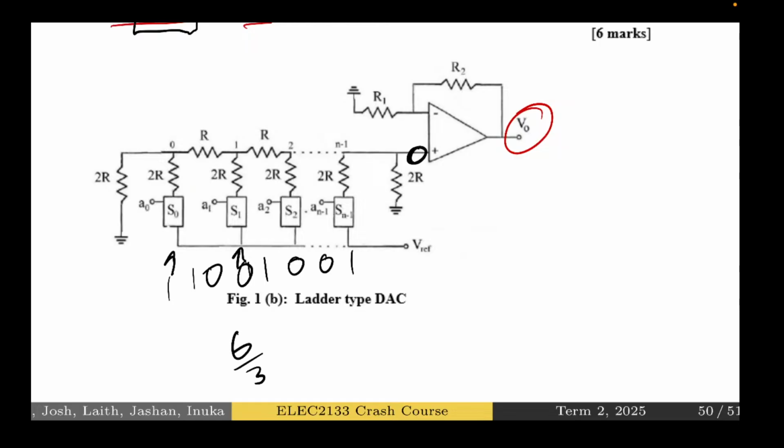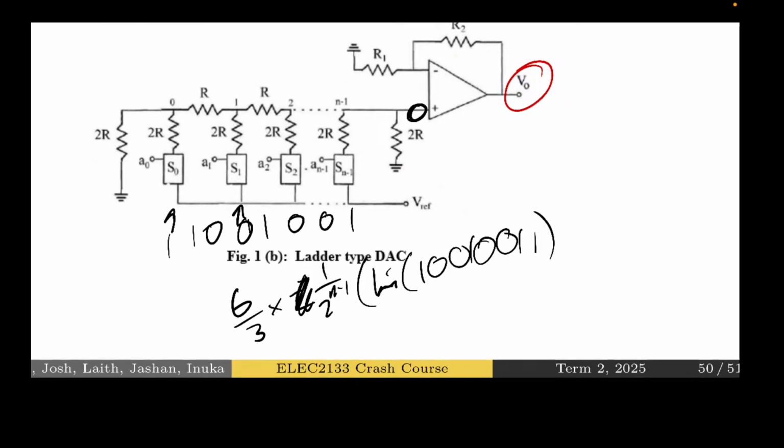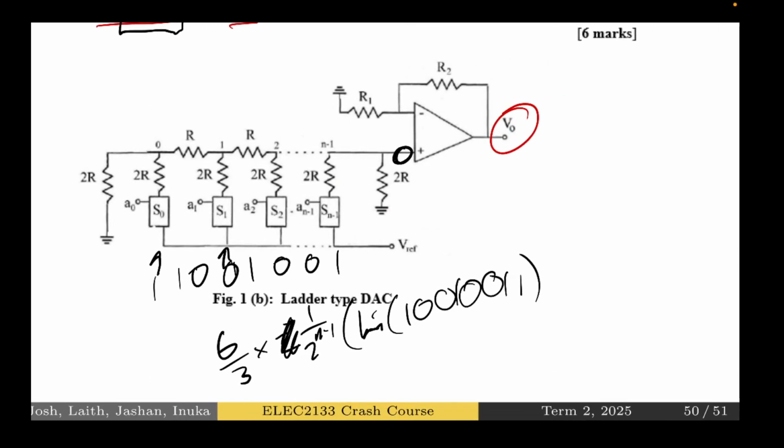We end up with Vref on 3 gets multiplied by 1 on 2 to the n minus 1, and then chuck in binary 100100011, which, I mean, it's a 9-bit number. You could figure that out yourselves, but what are we thinking?